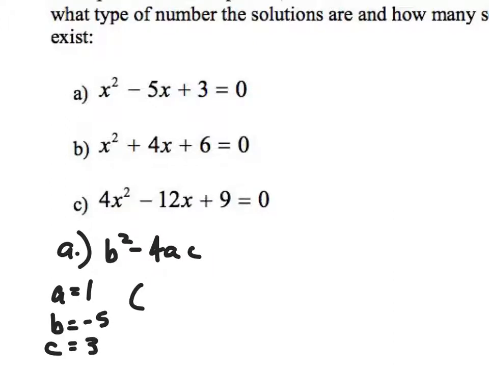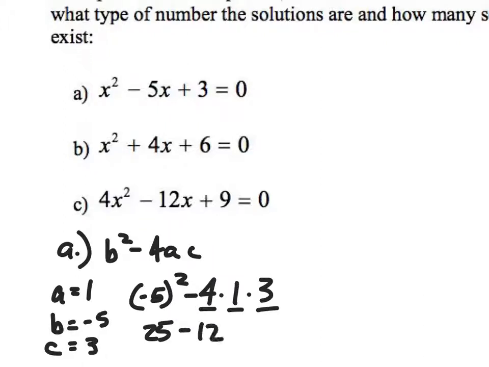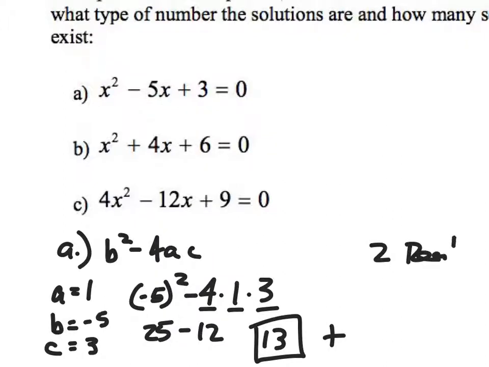So I'm going to do negative 5 squared minus 4 times 1 times 3. Negative 5 squared gives me positive 25, minus 4 times 1 times 3 is 12. So 25 minus 12 gives me 13. Because I get 13, this number is positive, meaning we get two real solutions.